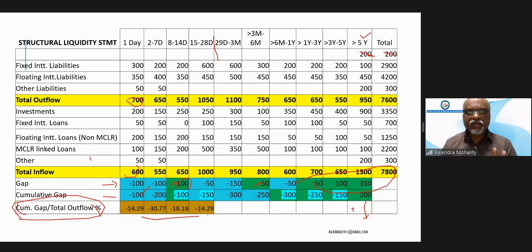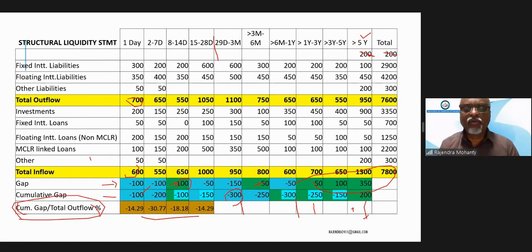Okay, the closer a large gap is, the more difficult it is to offset. So 300 is the maximum gap, which is in the 29 days to 3 month period the bank is having. So you have only 30 days to address this issue of 300. Here 300 is there, 250 is also there. So basically within a period of 1 year, the problems are there. So the bank has 30 days time to address this gap.